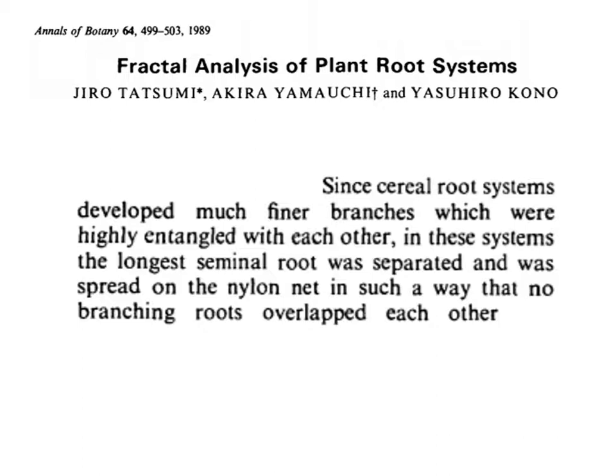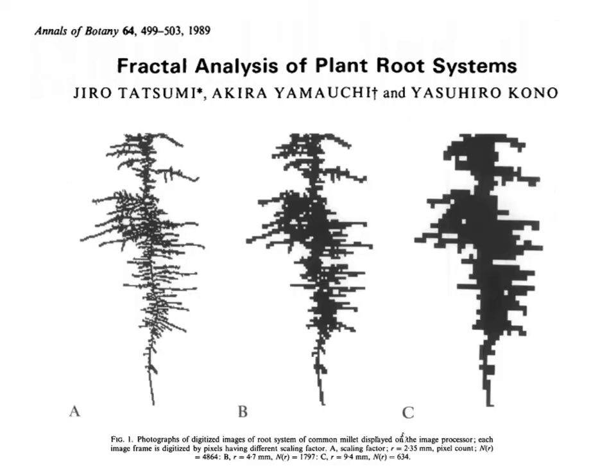And a few years after, root scientists also wanted to try it, and this group realized they cannot analyze a 3D system, so they spread the parts of their root system, and here is how they counted the number of squares of different sizes.